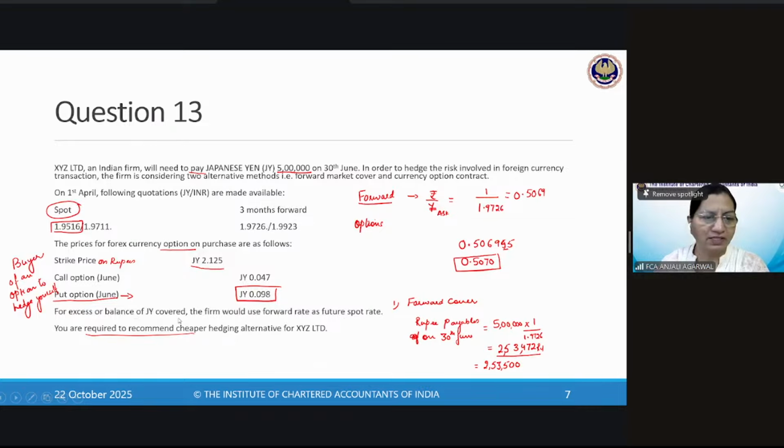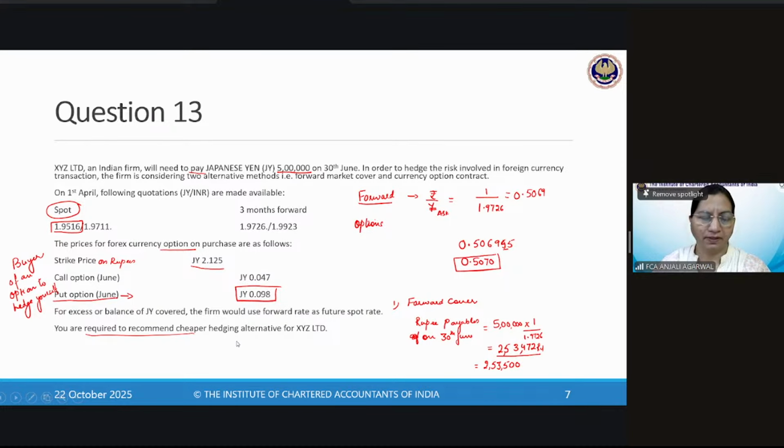So there was no excess or balance because standard size of the option contract is not given. Secondly, the premium which is paid on 1st April, we are ignoring the interest cost, or we are not bringing it to 30th June, right? So Sanjay and Leela, both of you, is it clear? Clear.